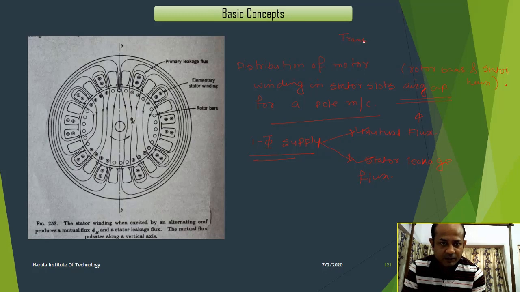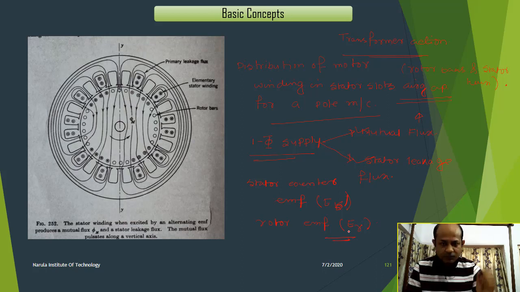Now this electromagnetic induction or transformer action results in production of stator counter EMF, which we can denote as EB, or best it is denoted as ES, and rotor EMF we can denote as ER.